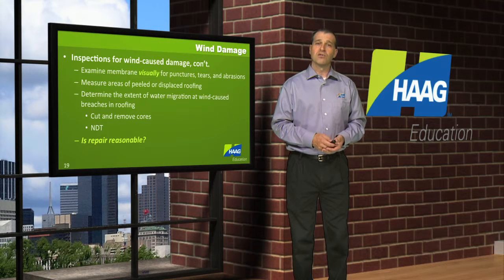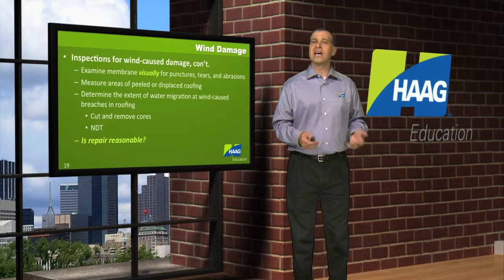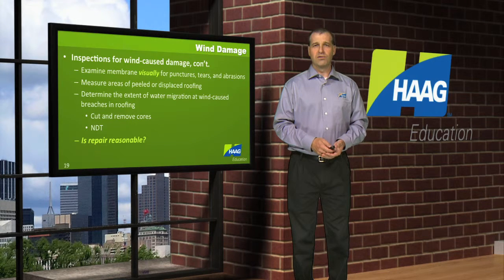If there are areas where the roofing has been peeled back or displaced, normally these are pretty easy to see, but you would have to determine the size of the area of removed or damaged roofing, and also, once water gets into that system, how far the water has reached underneath the roofing, into the insulation.